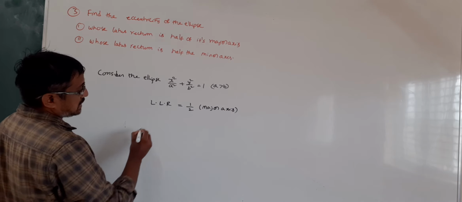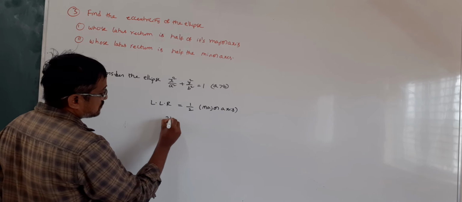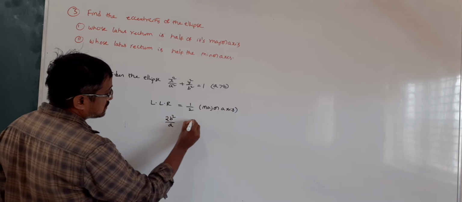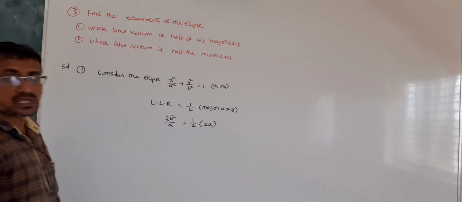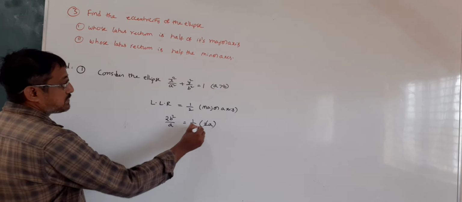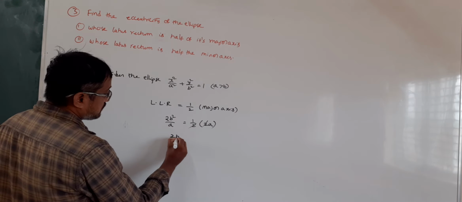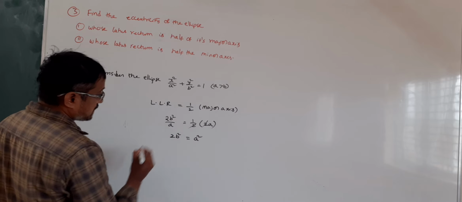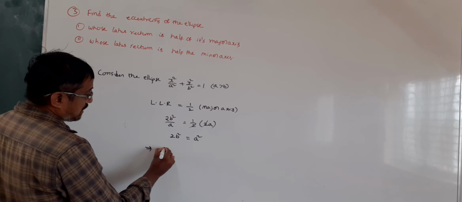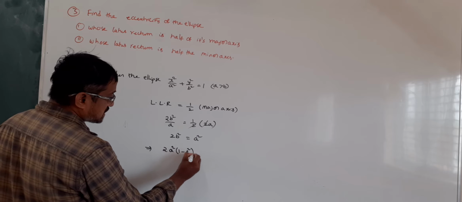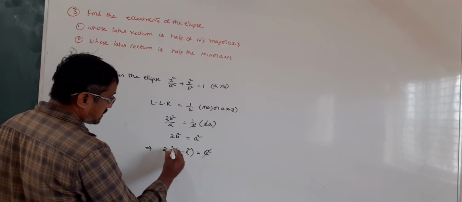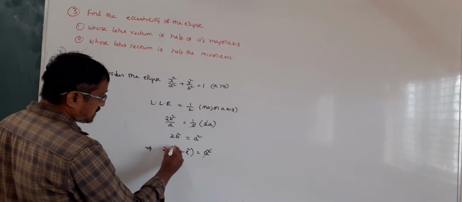Now we know that the length of latus rectum 2b square by a is equal to 1 by 2 into the major axis, which is 2a. So 2 will be cancelled. So 2b square is equal to a square. You have b square is a square into 1 minus e square, so 2 a square into 1 minus e square is equal to a square. a square will be cancelled.